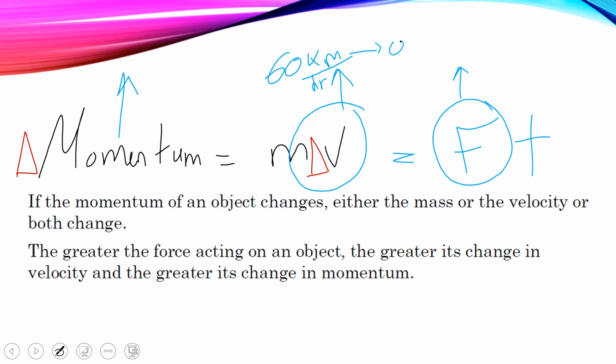So this greater change, because of force, makes a greater change of momentum. But if you apply a small force, you are at 60, then you come to 50. So you have a small magnitude of change in velocity. So you have a small change of momentum.